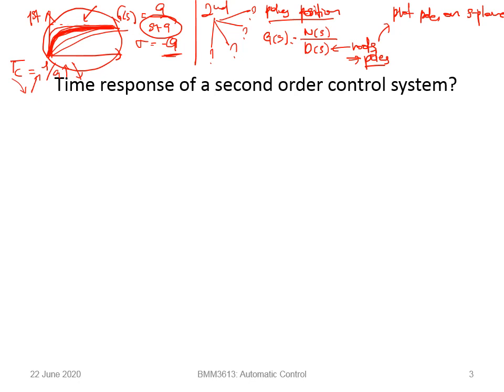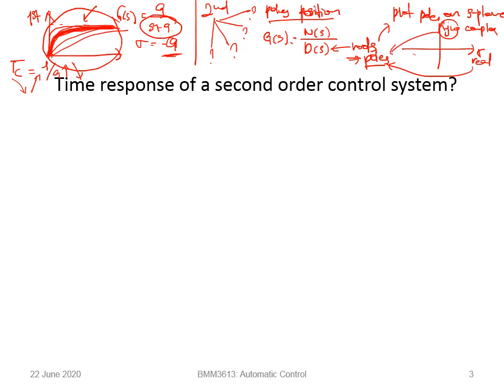What is the S-plane? The S-plane is basically a two-dimensional plane with two axes. The first axis, the x-axis, is what we call sigma, and the second axis, the y-axis, is what we call the j omega axis. So the sigma axis represents the real component of your poles, and j omega represents the complex component of your poles.